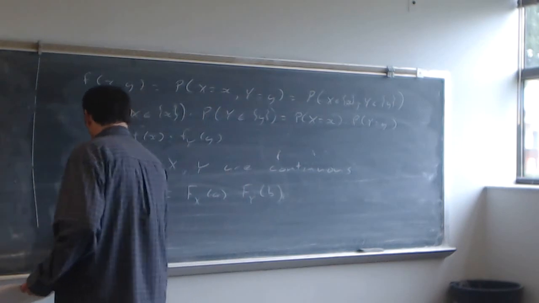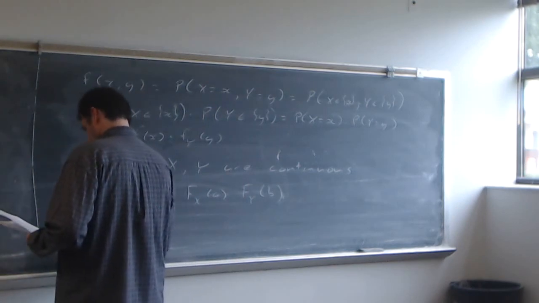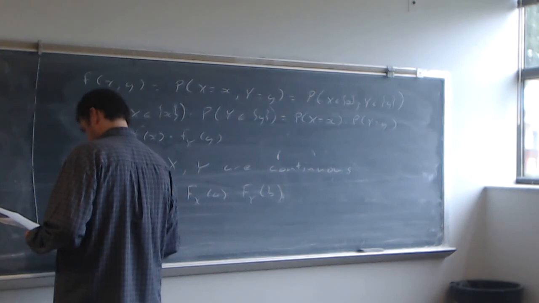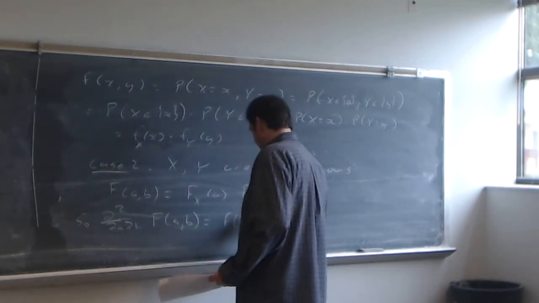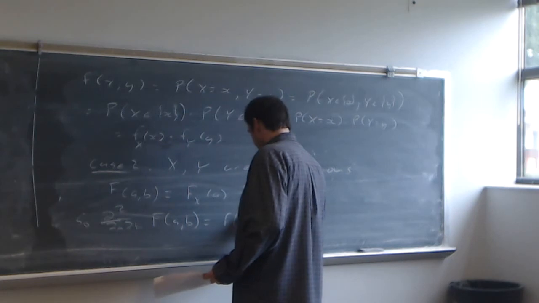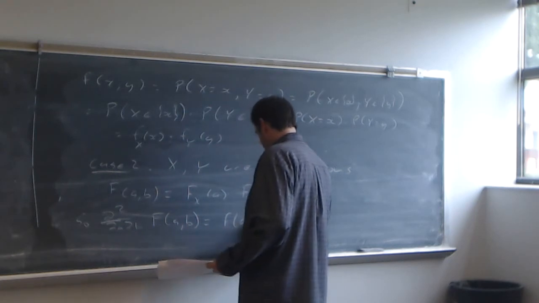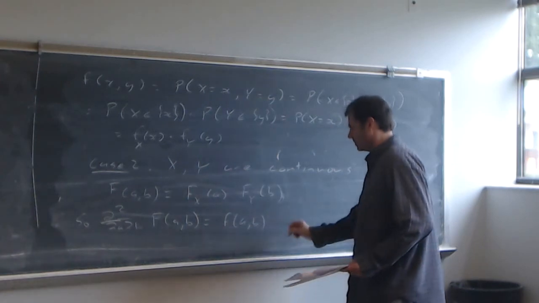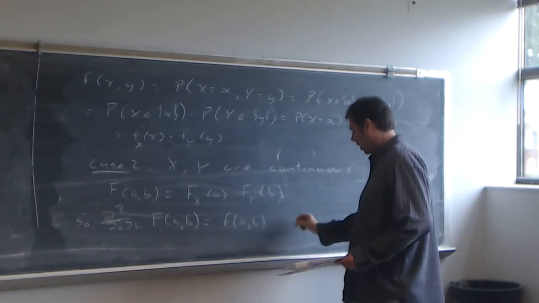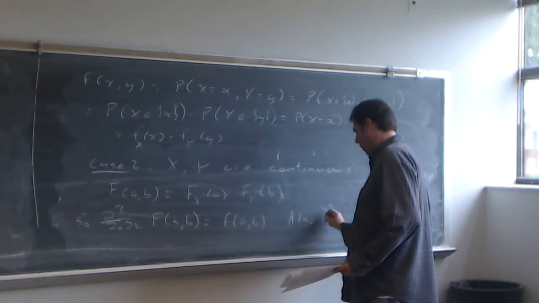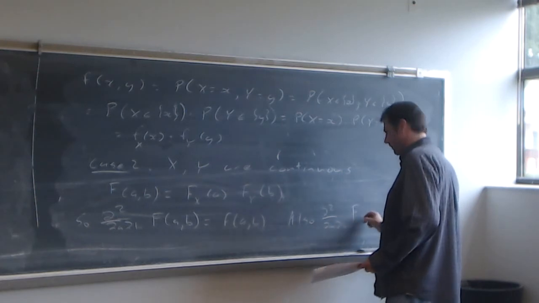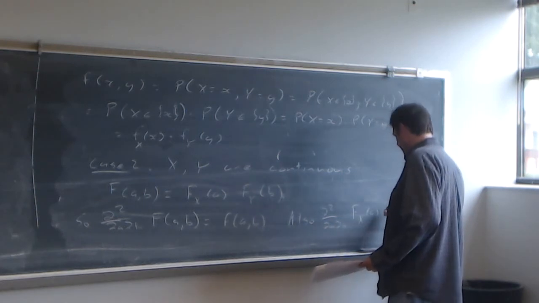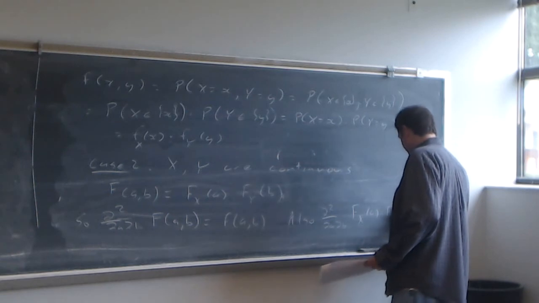So if we differentiate this with respect to a and b, that's the same thing as we've proven before. Now, little f of (a, b) is also the partial derivatives of F sub X of a times F sub Y of b.